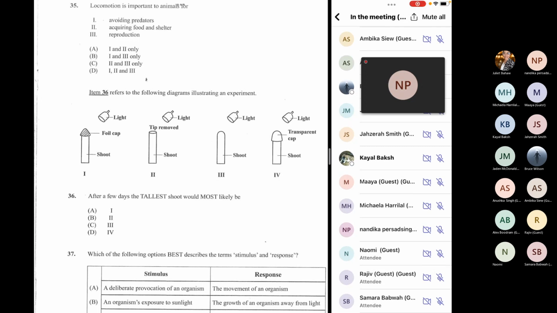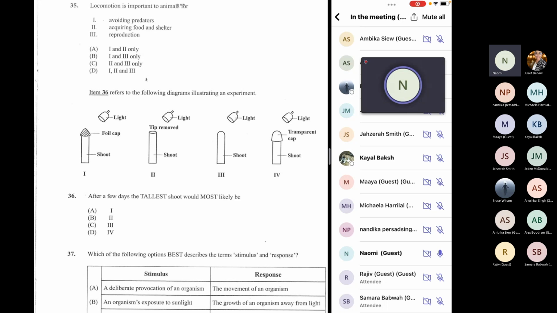That will be Naomi. Sorry, Miss, I had two answers to this. First I said D, and then I said E. I wasn't sure. So why not the undisturbed shoot? Because having too much light and having a minimum amount is different.